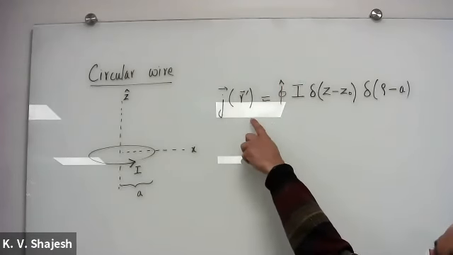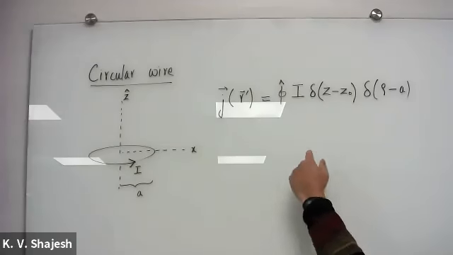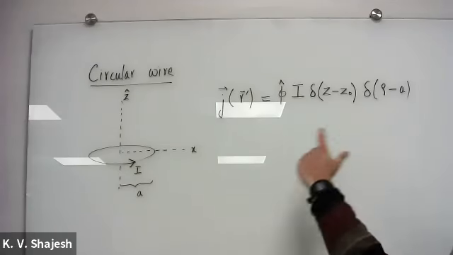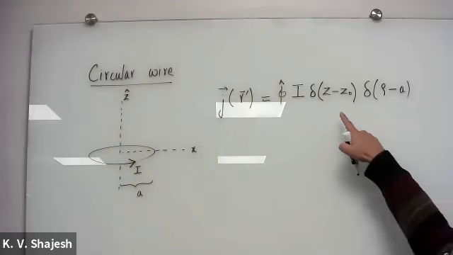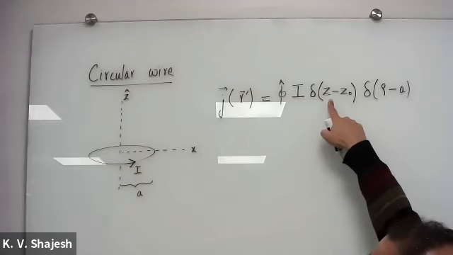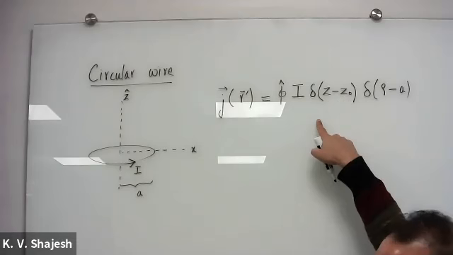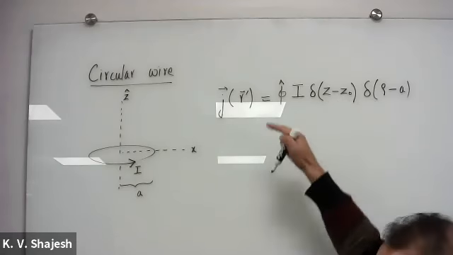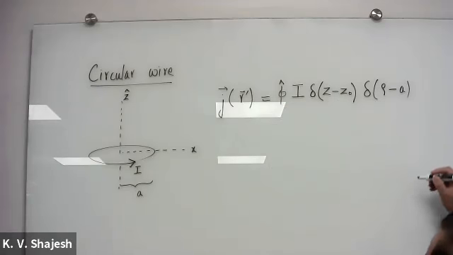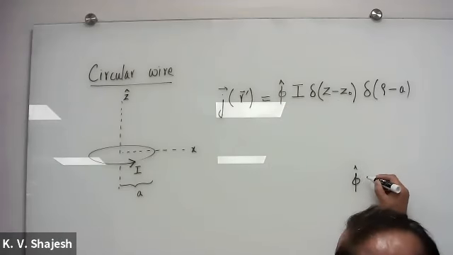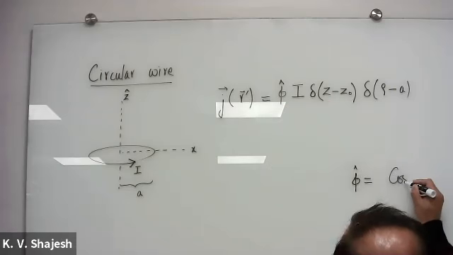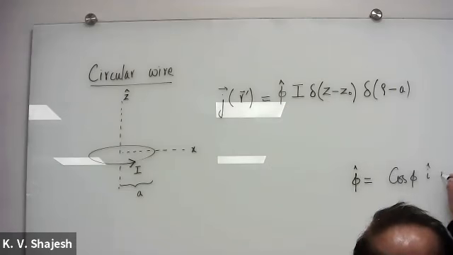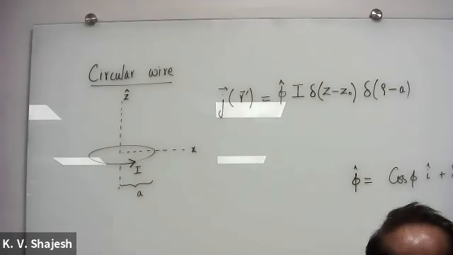Current density has to be current per unit area, and each delta function usually has the inverse dimension of the argument. Here it is length, so the delta function is 1 over length, so that's the area. And phi hat is cosine phi in the i hat direction plus sine phi.